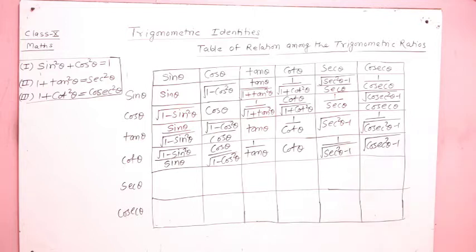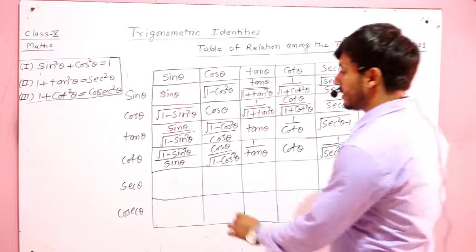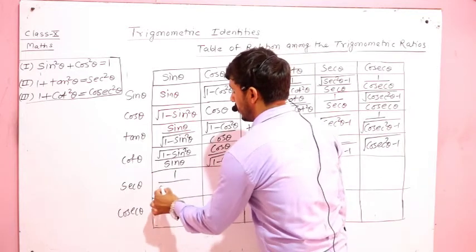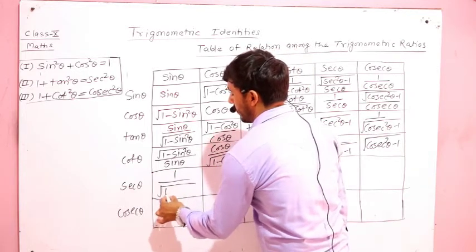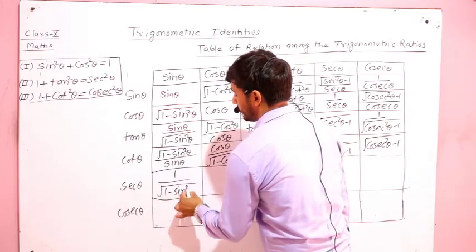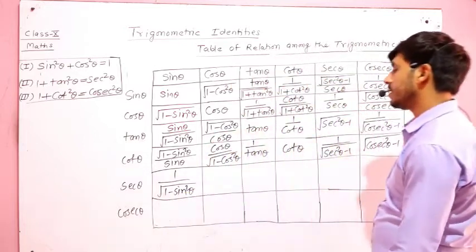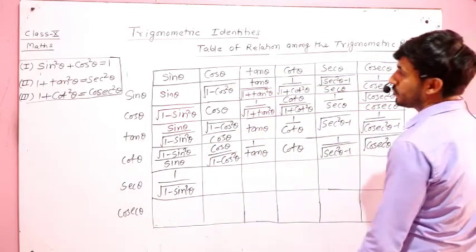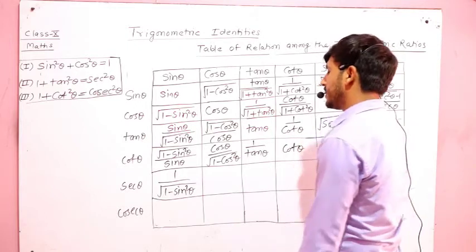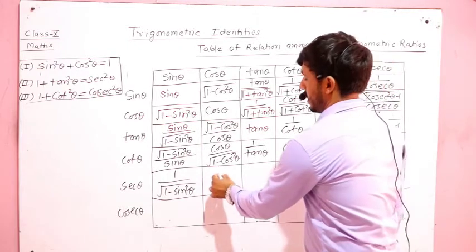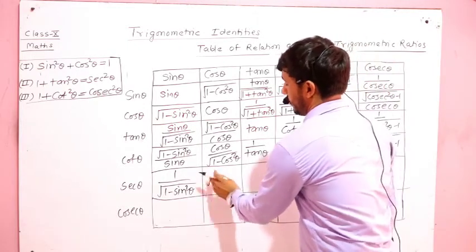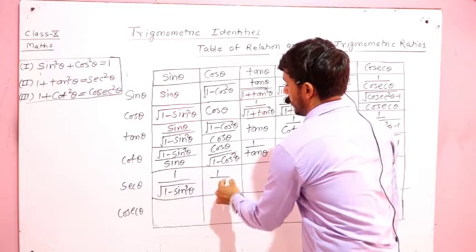Again, we have to find sec theta in terms of sin theta, and that can be given as 1 upon root of 1 minus sin square theta. Again, sec theta in terms of cos theta, and that can be obtained as 1 upon cos theta.